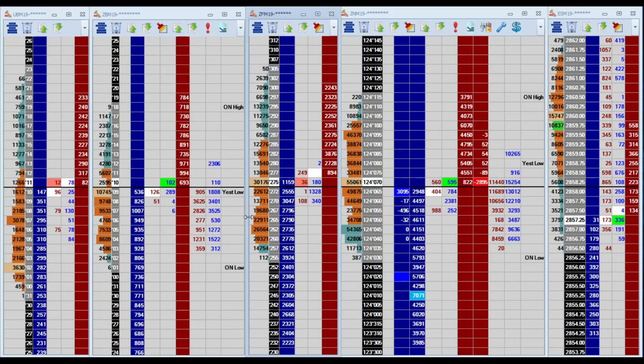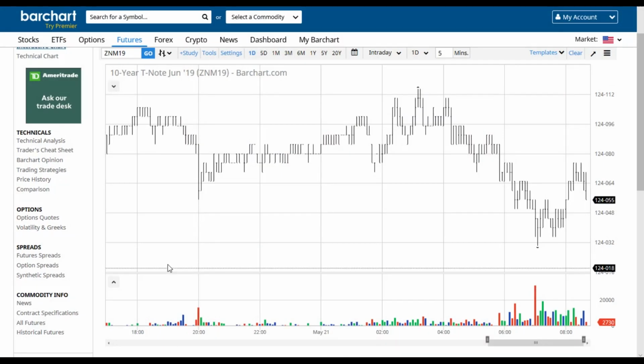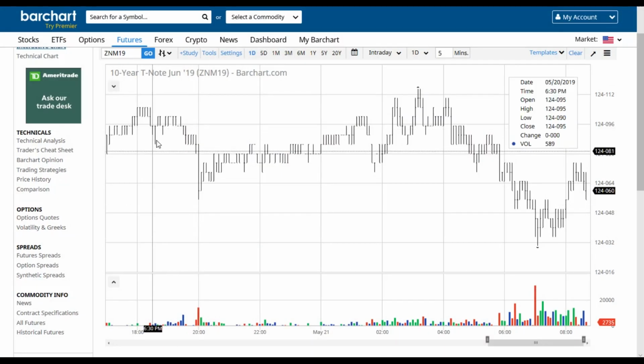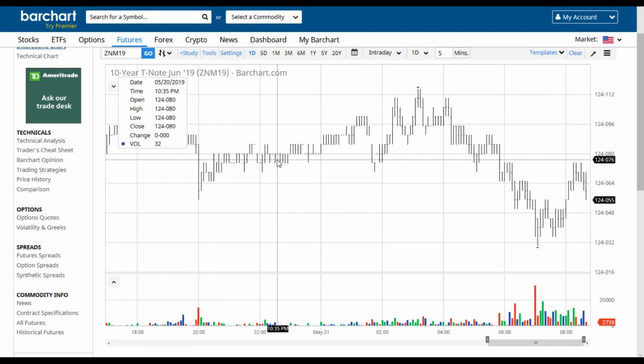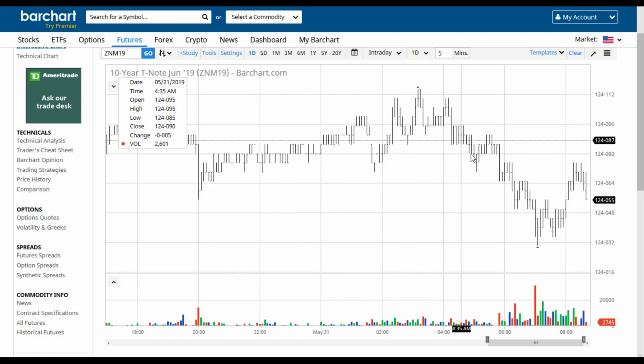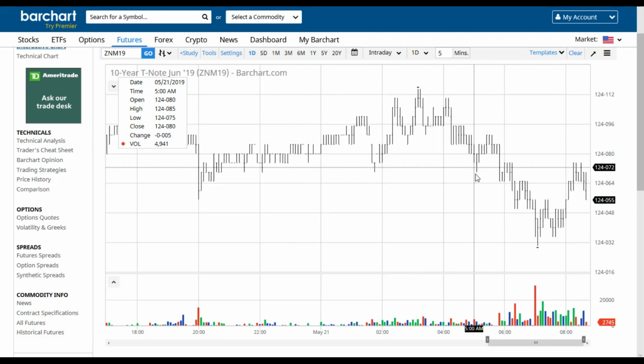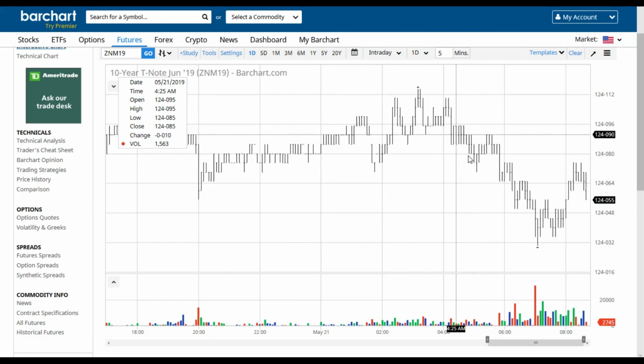So let's look really quick at the overnight action. We went sideways initially. We used this level here, 0.75, as support throughout most of the overnight. Spiked up, then sold down, and this turned into a mini trend.